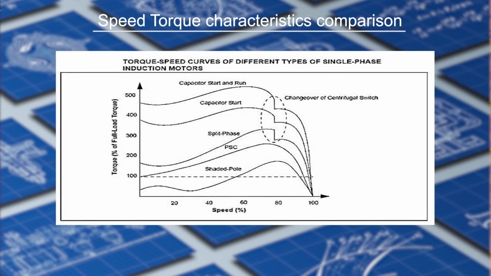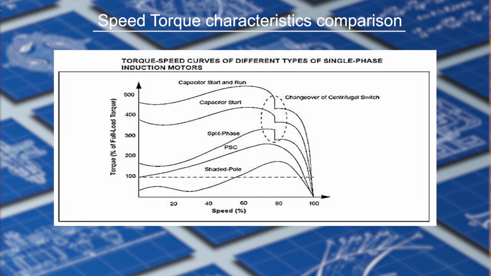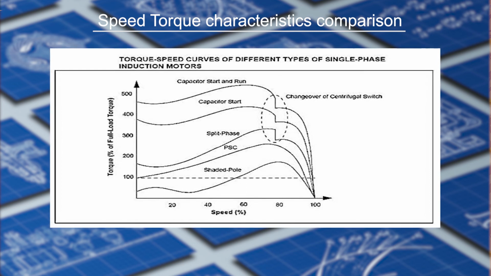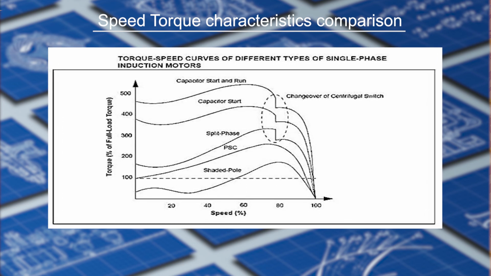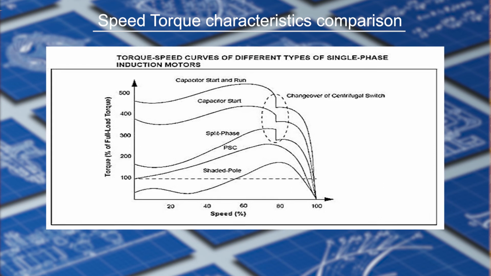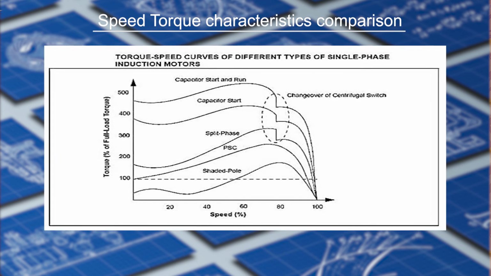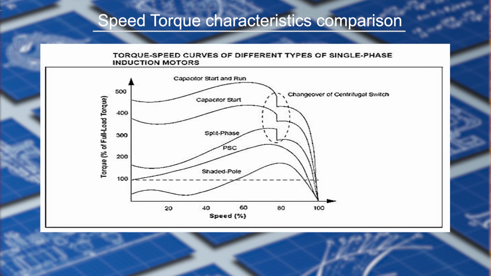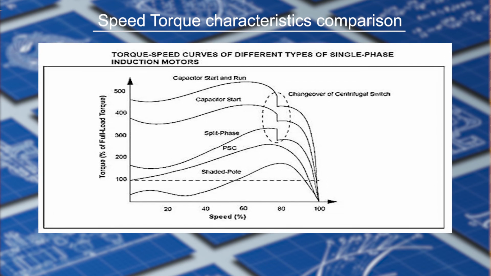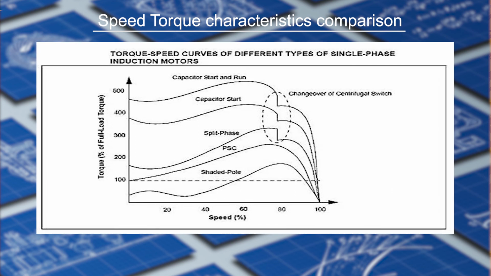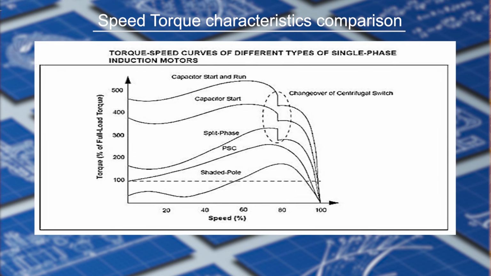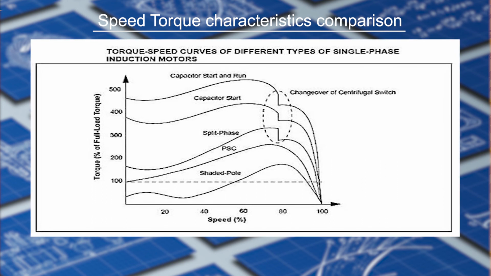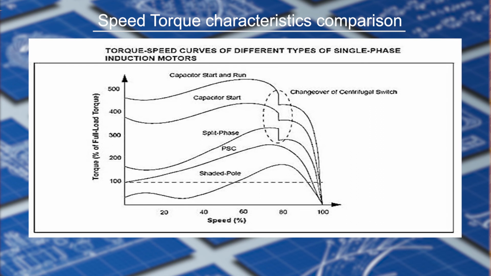The lowest one, in terms of efficiency and starting torque as a percentage of full load torque, is the shaded pole motor, and on top is the capacitor start and run motor. The figure also shows a centrifugal switch, which operates when your speed reaches around 75% to 80% of your synchronous speed.